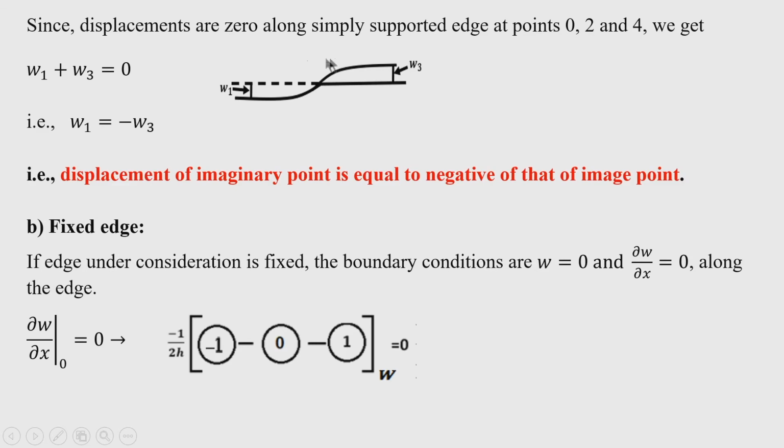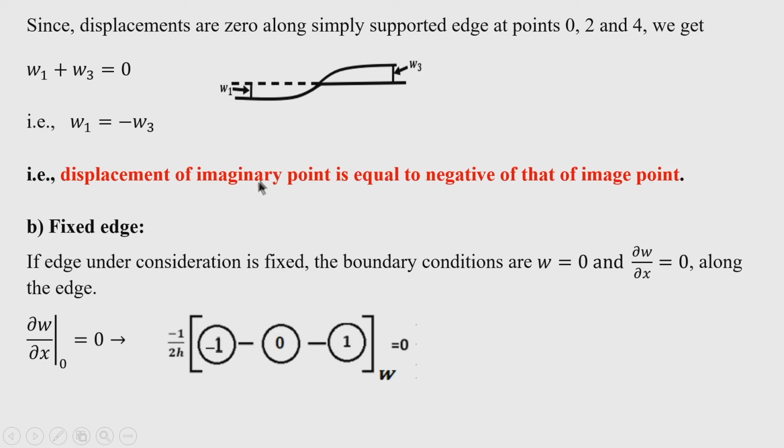So, W1 plus W3 equal to 0, W1 will be minus W3. The deflected shape is taken like that for expressing the deflection value of the imaginary point in terms of the deflection value of the real point. So, the displacement of the imaginary point W1 is equal to the negative of the displacement of the image point.